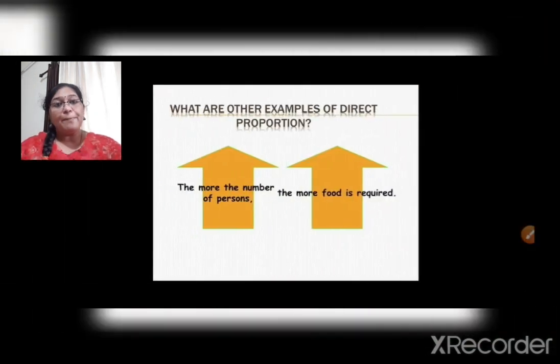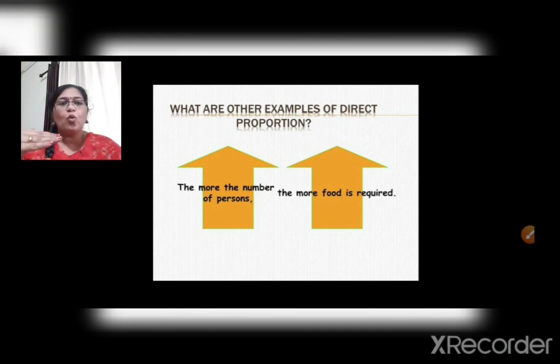Here, when the number of people is more for the work, we should give them food also, right? When more people are there, we should provide more food. When the number of people increases, the amount of food also should increase. If there are fewer people, we need to give them only less food.